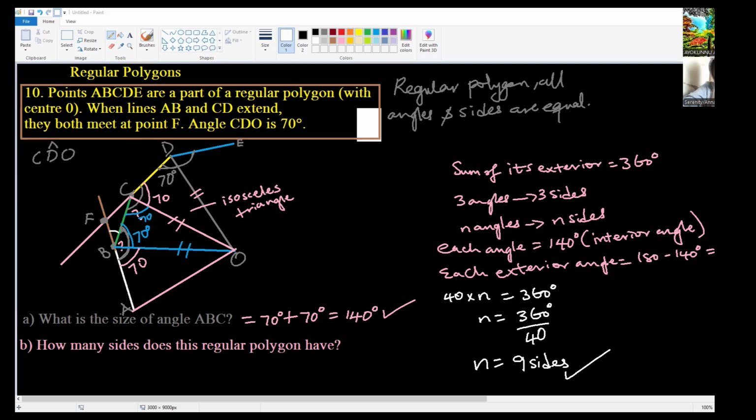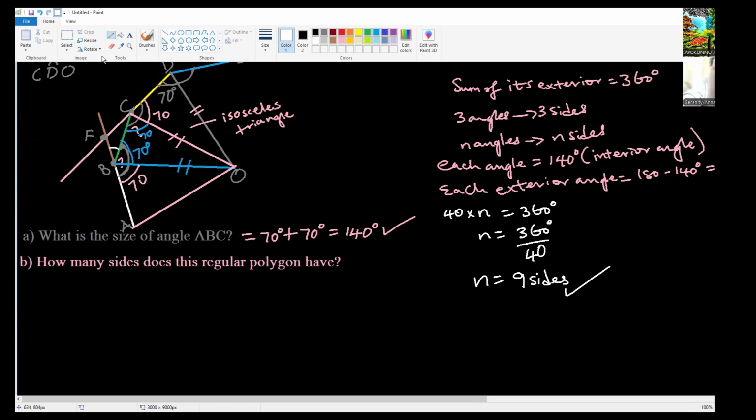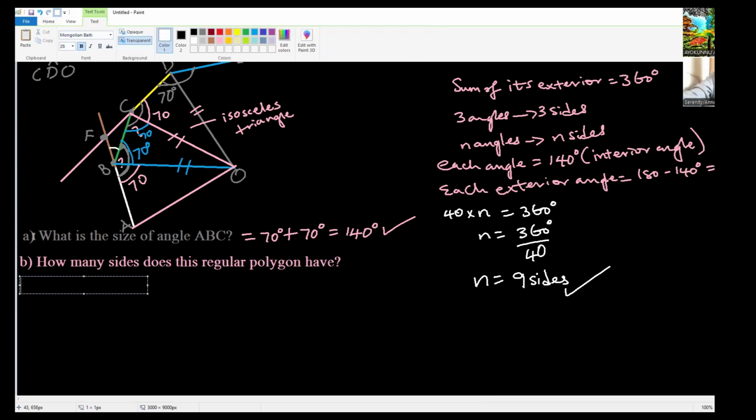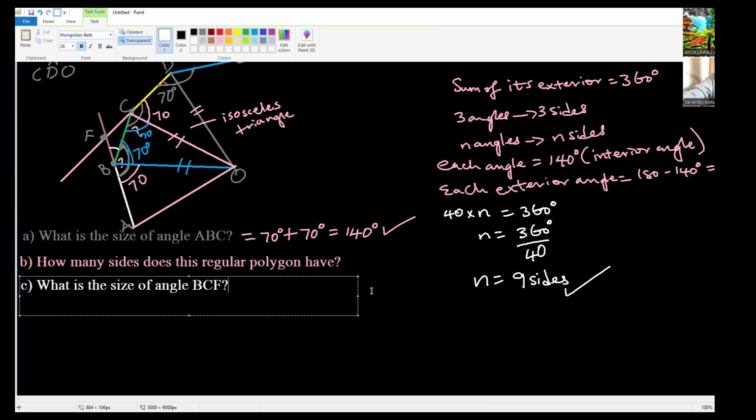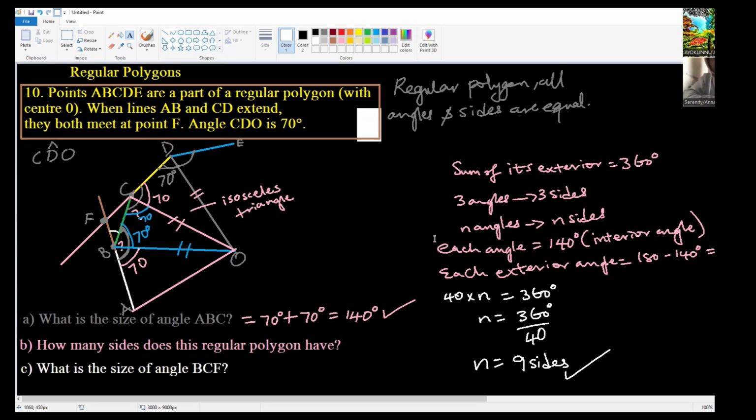The next one says, what is the size of angle BCF? Angle BCF. Let's check it out. So where is BCF? Which angle can we consider to be BCF?